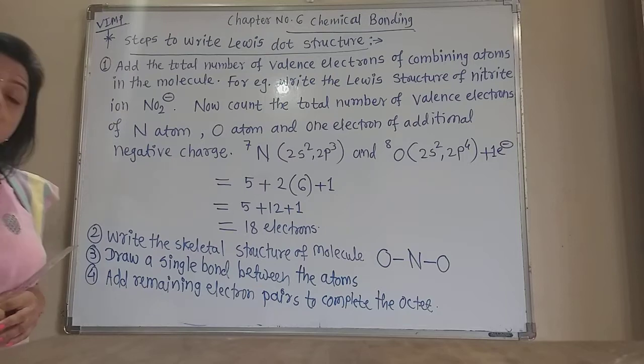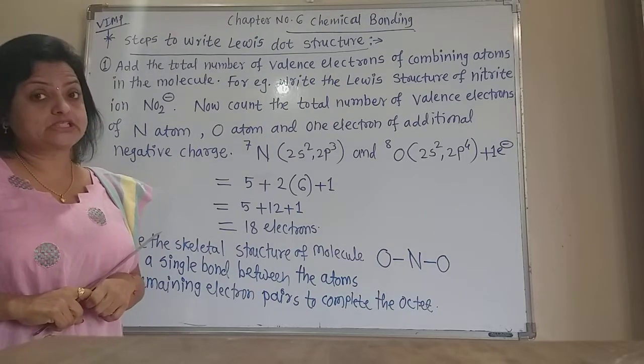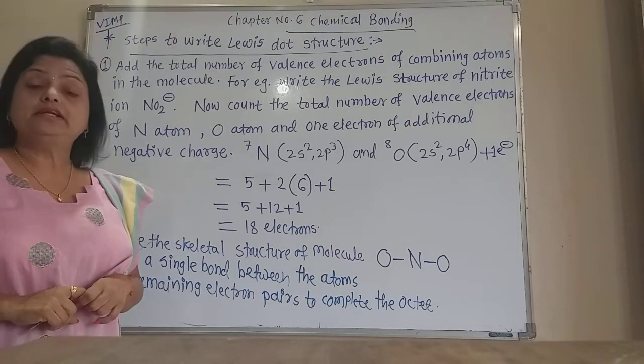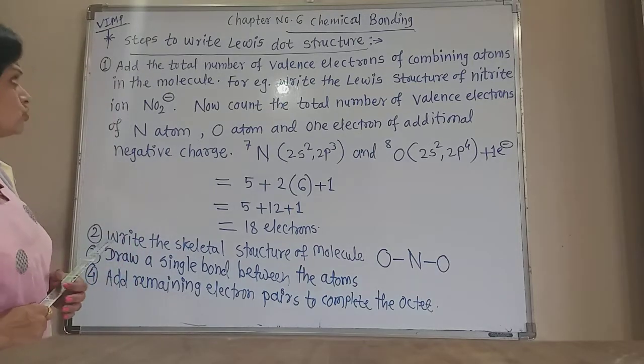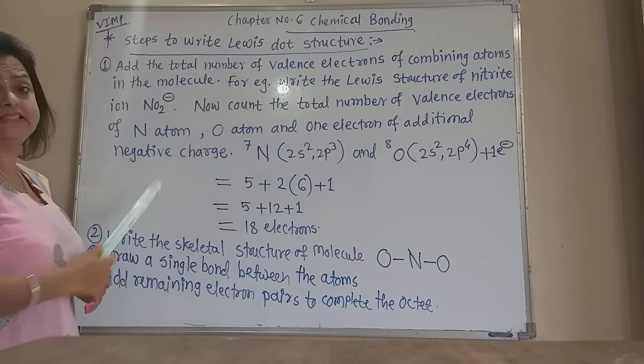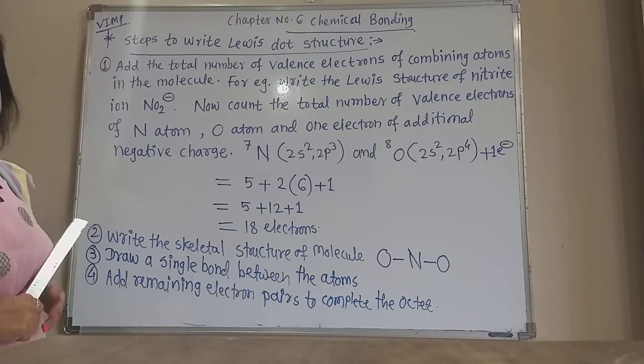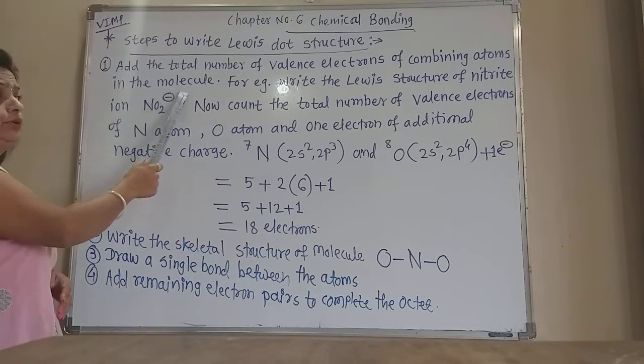Valence electrons means the outermost shell electrons which take part in bonding. So add the total number of valence electrons of the combining atoms in the molecule.